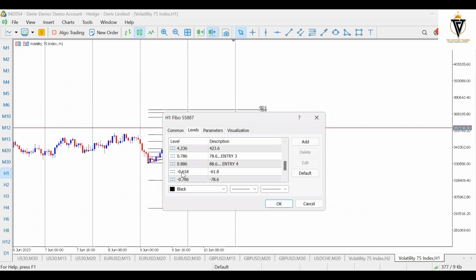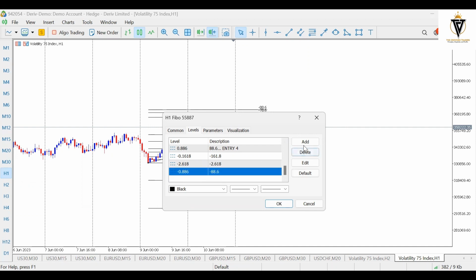So we have 0.168 and then still value negative 261. Copy this. Bring this here. Bring this here likewise.